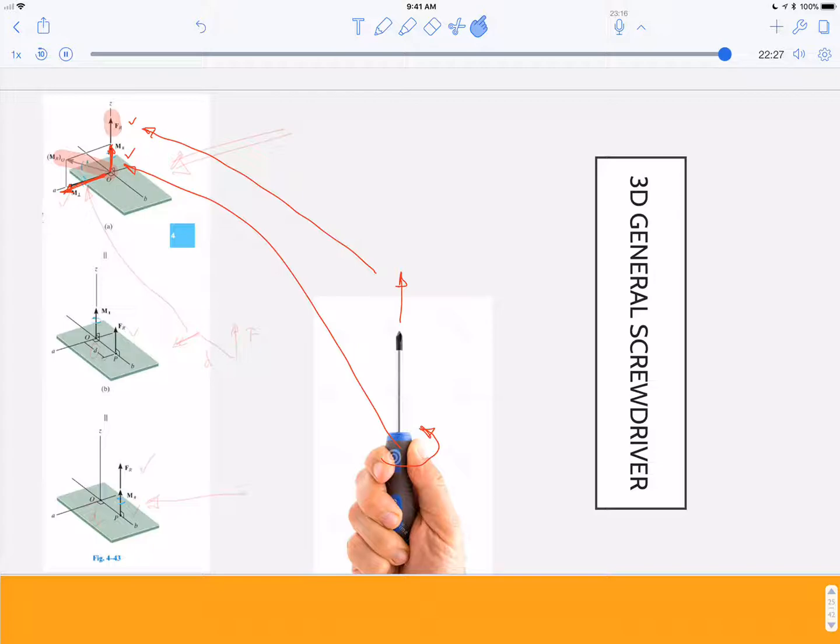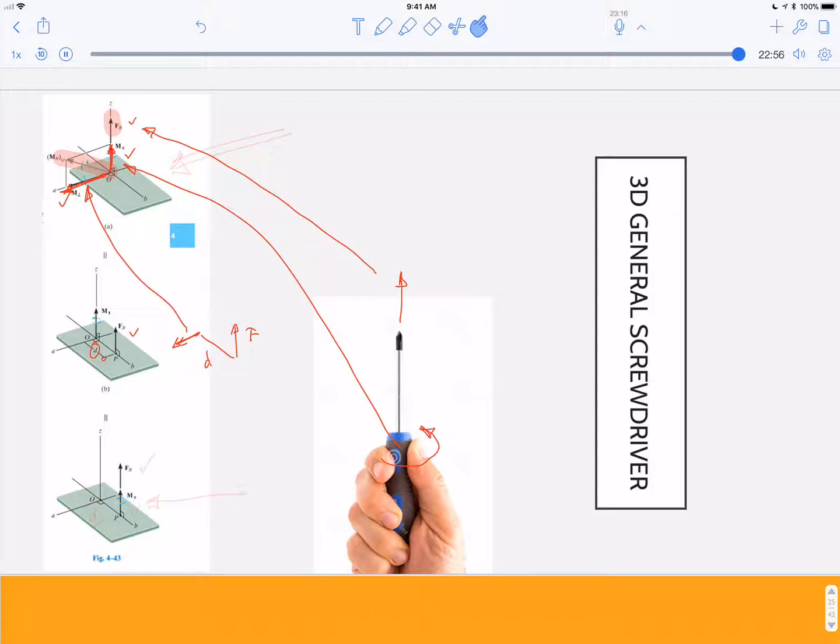Well, in general, then you'll also have this weird wrench right here, this moment where you're turning it. Well, if you push on your screwdriver a distance d away, this force here times that distance there, let me draw it here, that force times that distance, that's going to cause this moment right there.